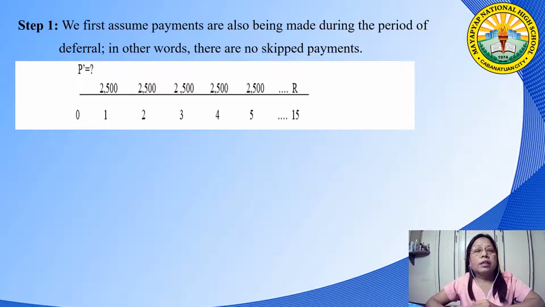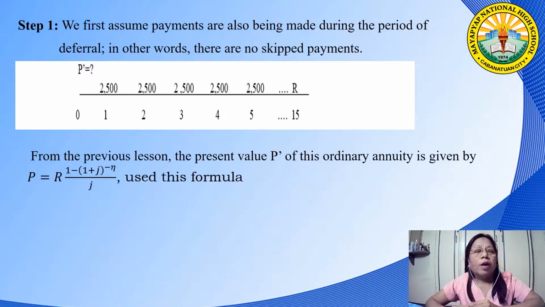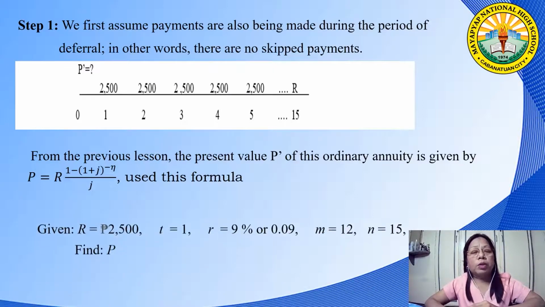So again, this is the cash flow, no skipped payment. From the previous lesson, the present value of this ordinary annuity is given by P equals R times 1 minus quantity 1 plus j raised to negative n, over j. So use this formula.